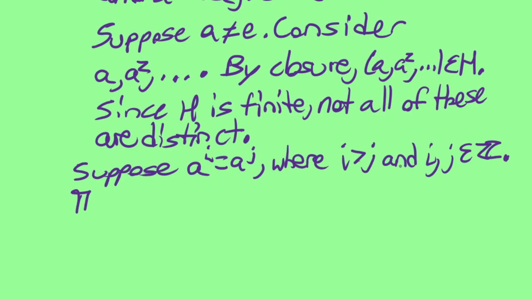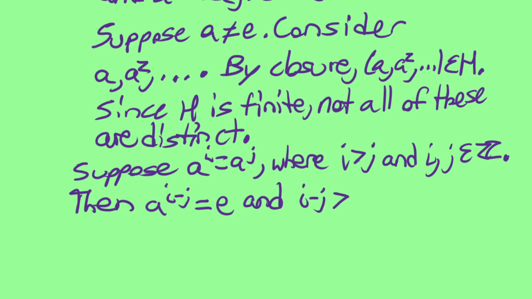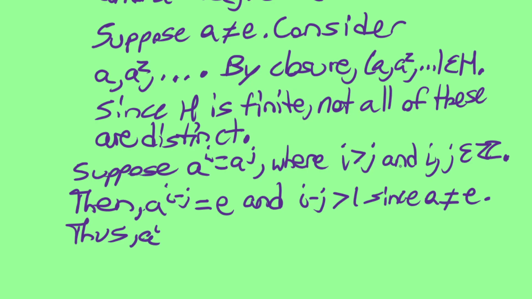So then A raised to the I minus J equals the identity element, and I minus J is greater than 1, since we are supposing that A does not equal the identity element. So thus, A raised to the I minus J minus 1 equals A inverse.